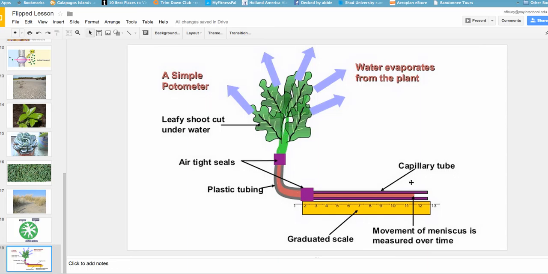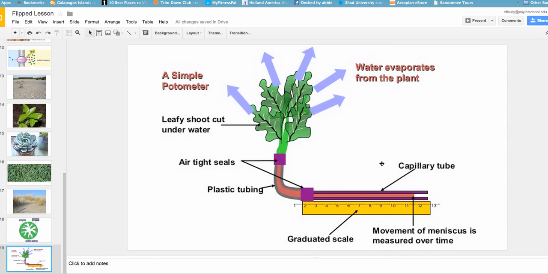So if you start it, for example, at the 10, and you say, okay, I'm going to wait until it gets to the 7, and then you measure how long that takes in time. Or you could say, okay, I'm going to let it sit for 15 minutes and see where it goes from the 10, and then you'll measure the change in centimeters. So that's just how that works.